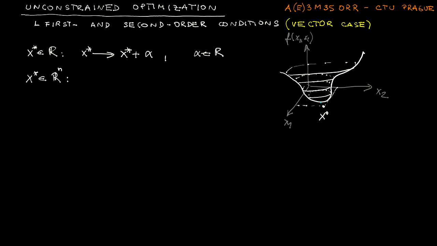So let's say we will choose this direction, and now we analyze the function just along this subset in the original plane, just along this line. That means we will analyze this scalar function.